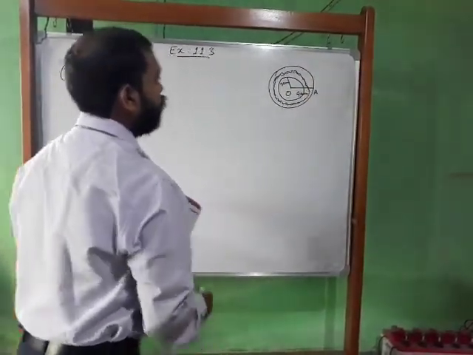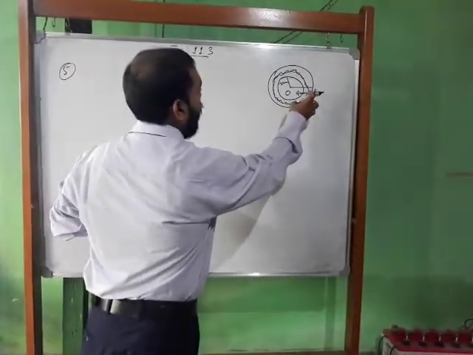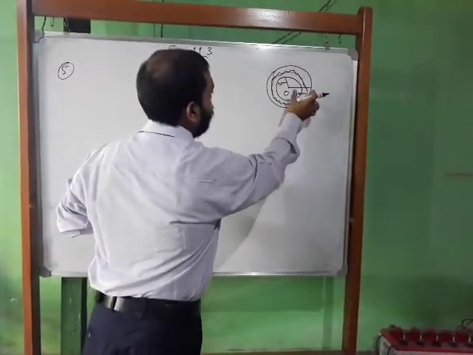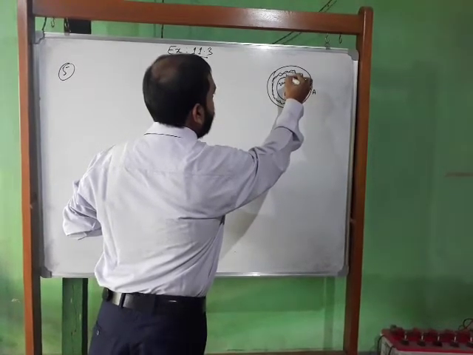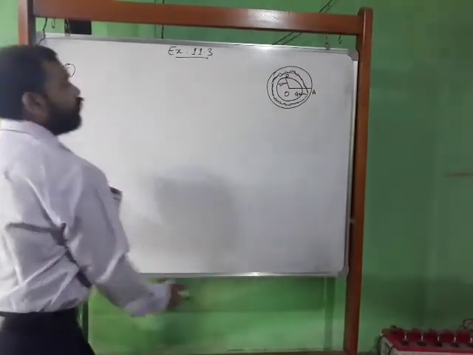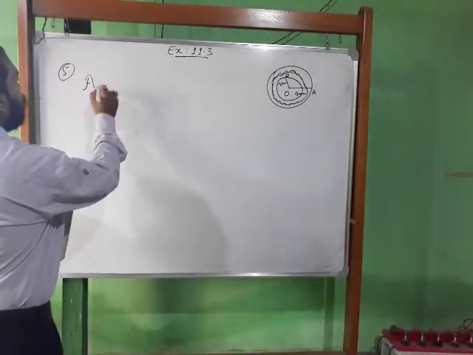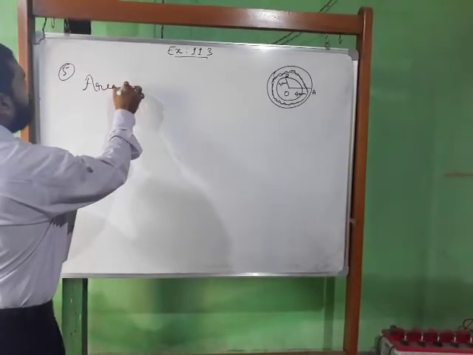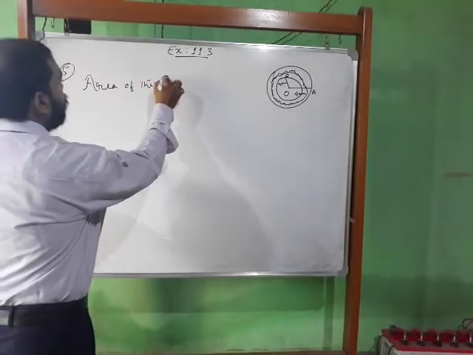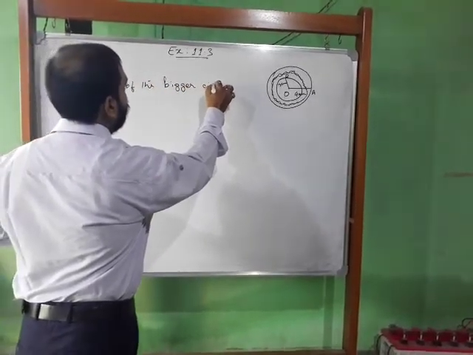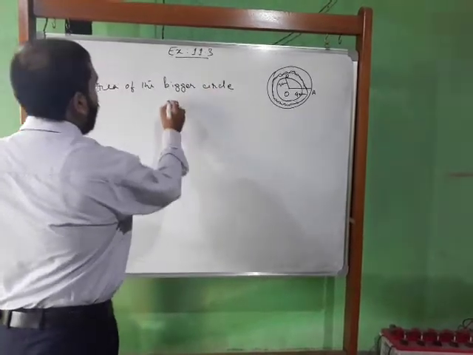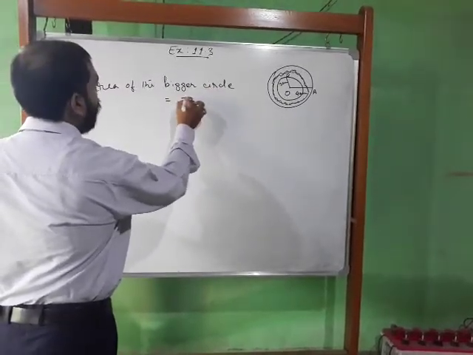So how can we do it? First, let us take out the area of this big circle, and let us mark here another OB as 3 centimeter radius. So let us find the area of the bigger circle. The area of the bigger circle is pi r square.